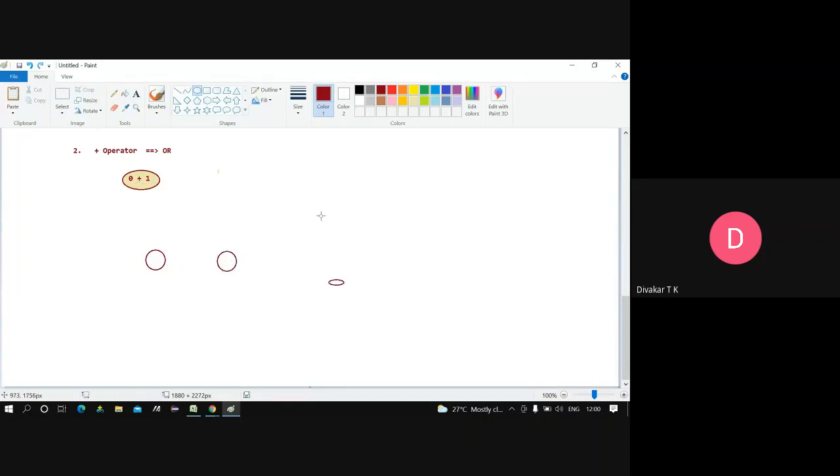Zero. So from this state to this state, we are trying to put the zero symbol. Okay, great, this is done. So zero is done. Next is what? One. Let's try to understand it.